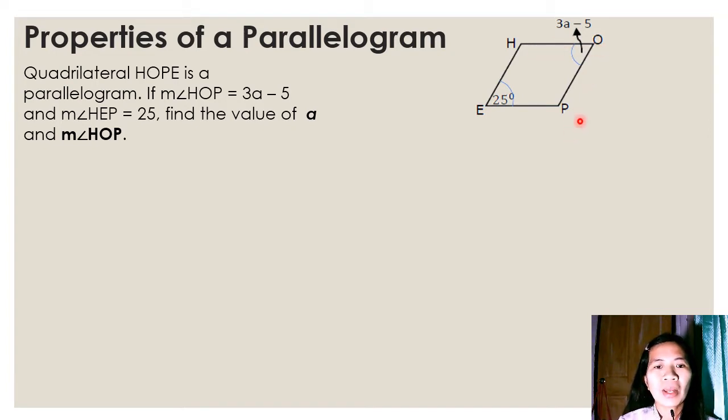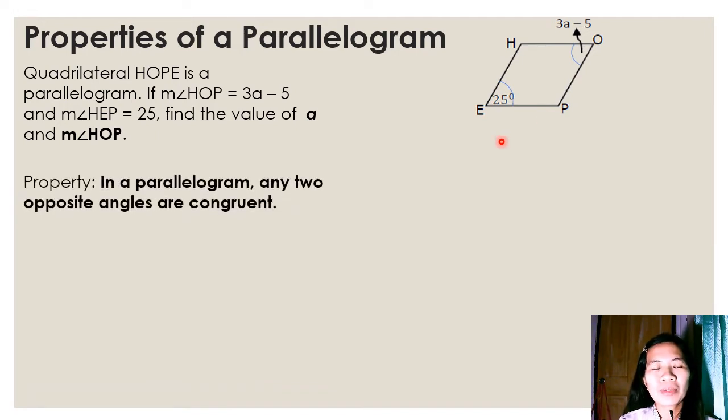Now, we will use the property wherein in a parallelogram, any two opposite angles are congruent. So the opposite angles are congruent.